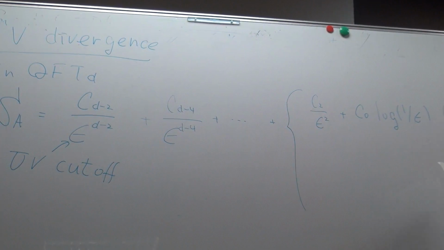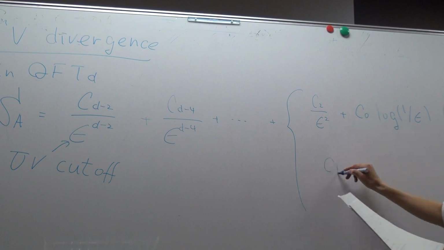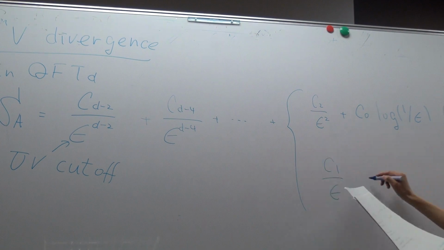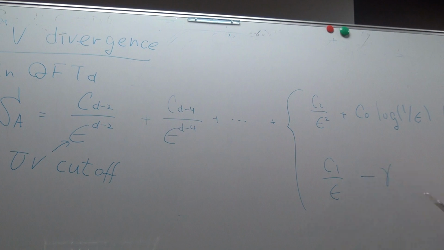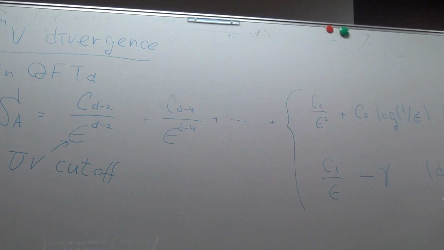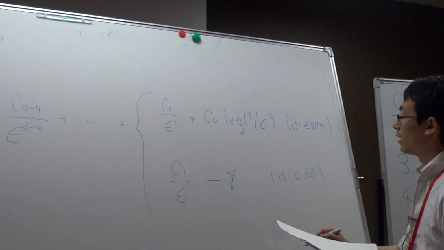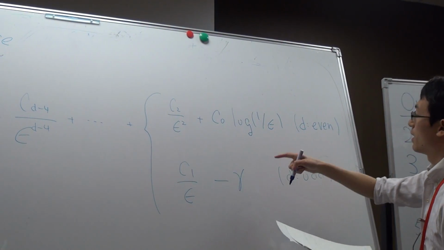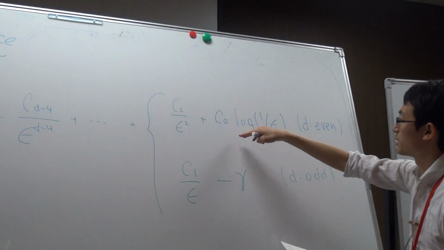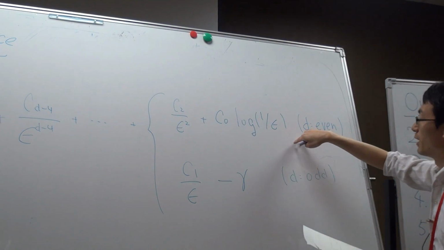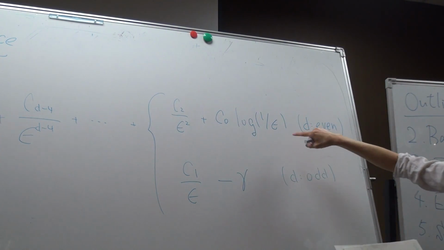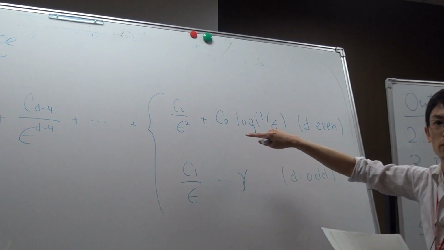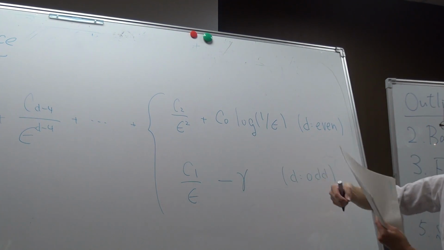So when the dimension is even, you have log divergence. On the other hand, you don't have any log divergence in odd dimension. And this is finite. Actually, there is a finite part in even dimension, but it is not universal because you can shift the value of the constant part by scaling epsilon.